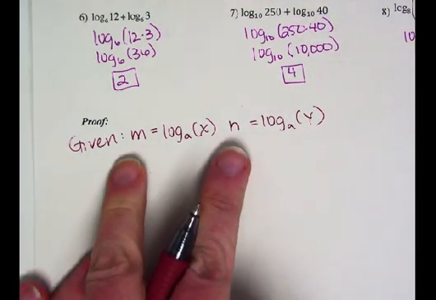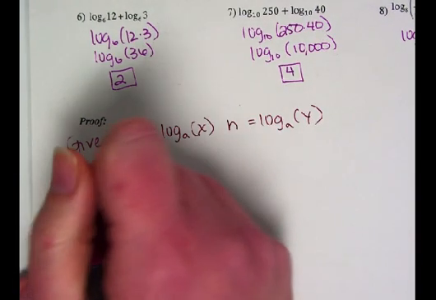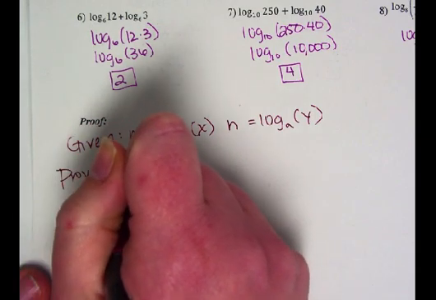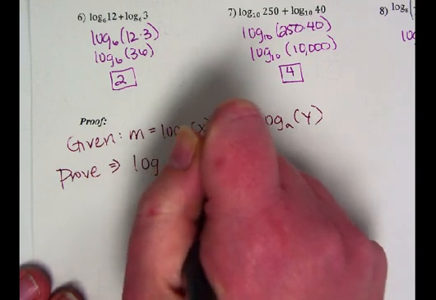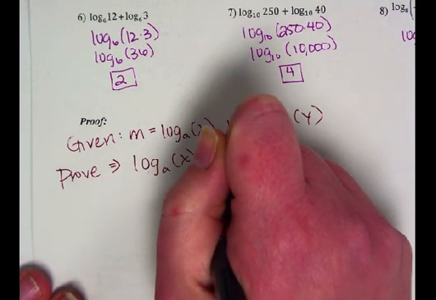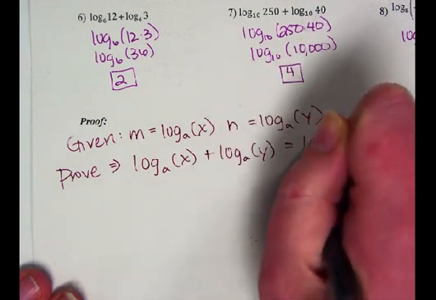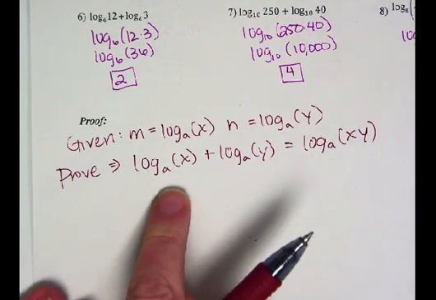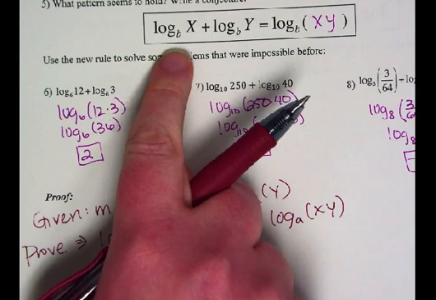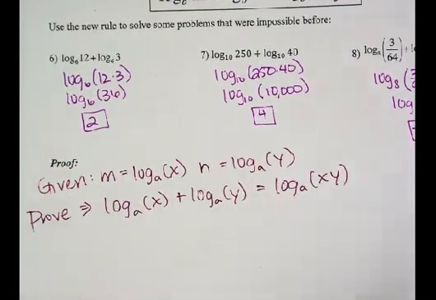The reason we're going to use m and n is it'll make our work cleaner. What we're going to try and prove is that log base a of x plus log base a of y is equal to log base a of x times y. I know when I wrote it in our packet it says b and I'm using a in our proof, but it's the same thing.